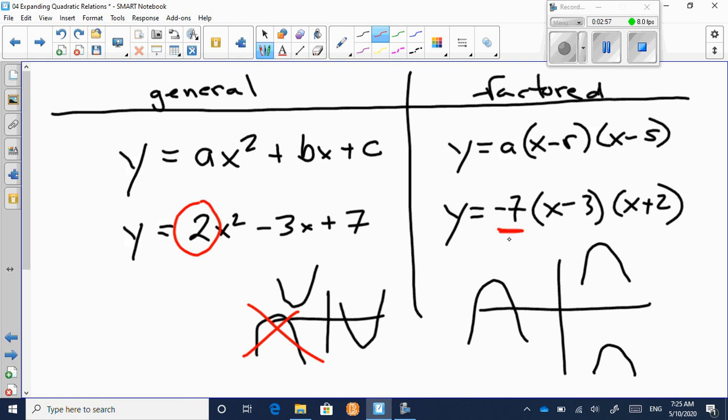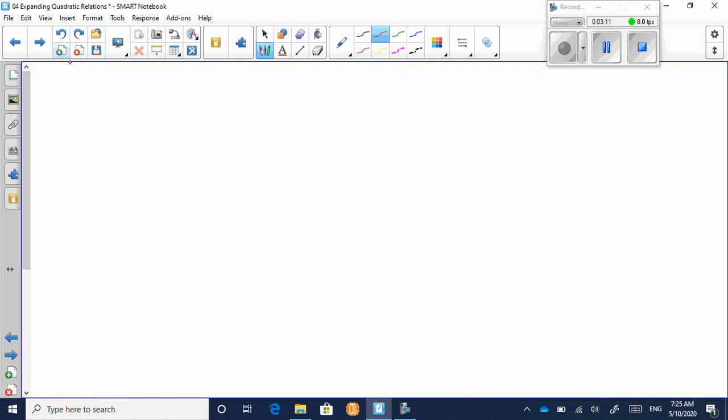But what we're going to learn about today is how can you go from the factored form to the general form. So, just like with linear equations, we can go from y equals mx plus b form to the general form.